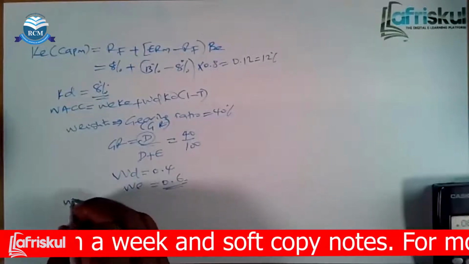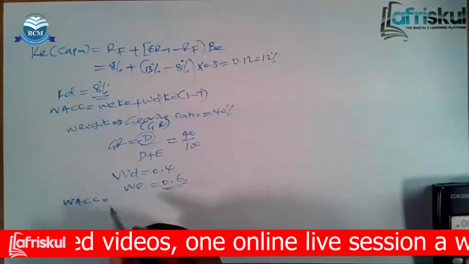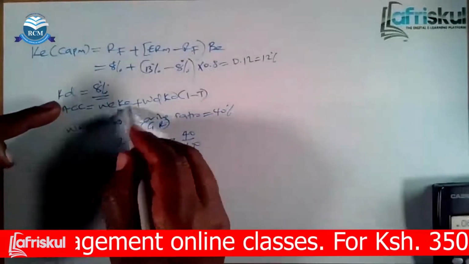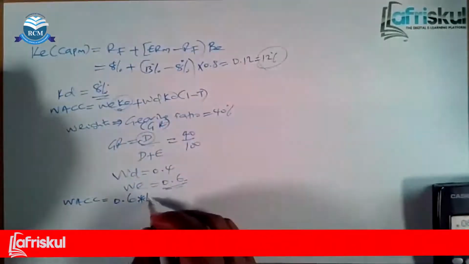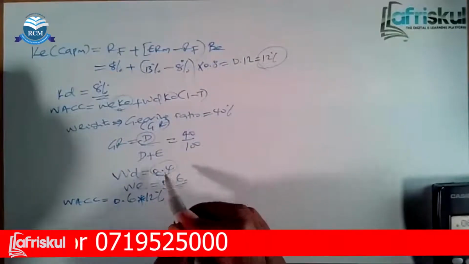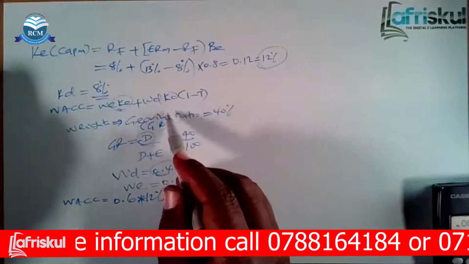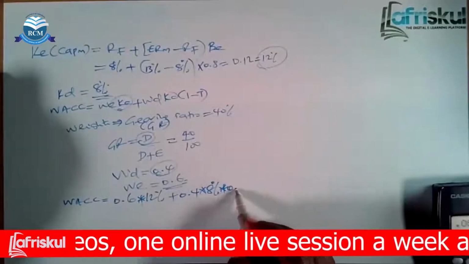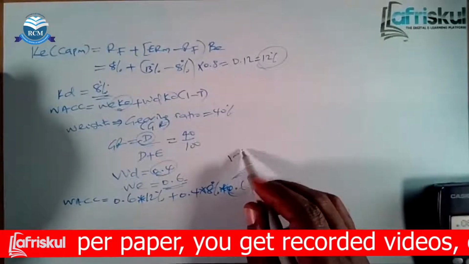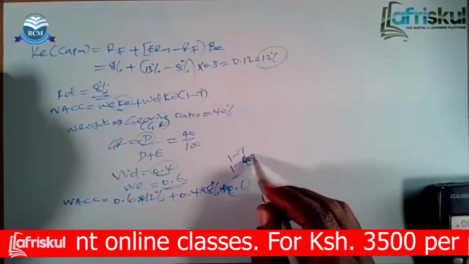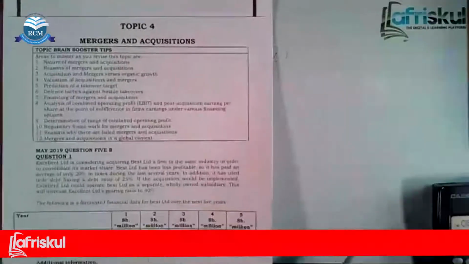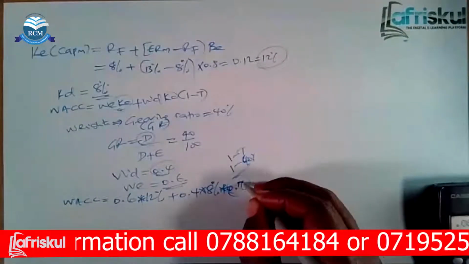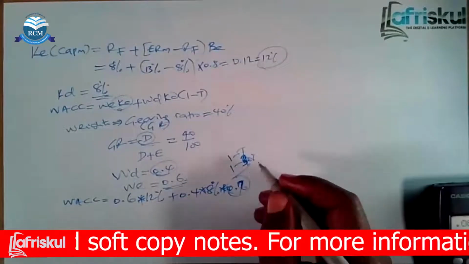Then for our WACC, I simply plug in the figures. We have the weight of equity, 0.6, times cost of equity, 12%, plus weight of debt, 0.4, times cost of debt, 8%, multiplied by 0.7. How did I get this 0.7? It's 1 minus tax, and the corporation tax rate is 30%, which gives us 0.7.